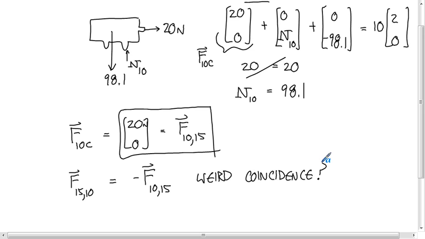It's probably the second most important equation in this class. And using the subscript notation, you can define Newton's third law this way.